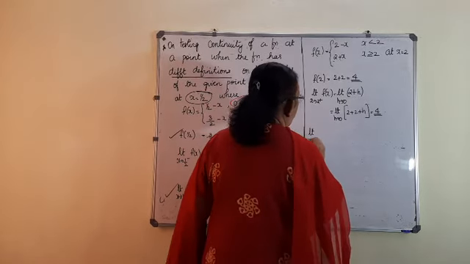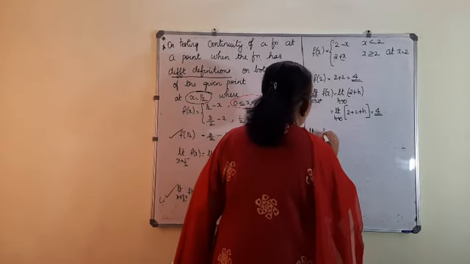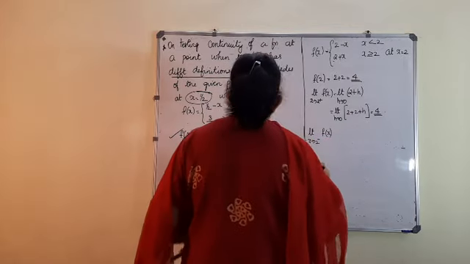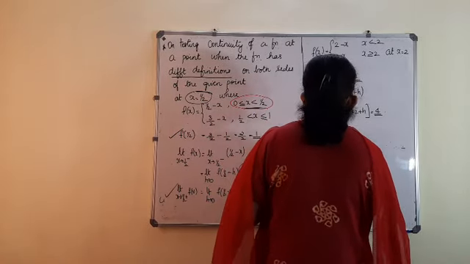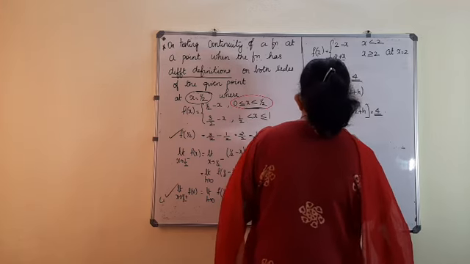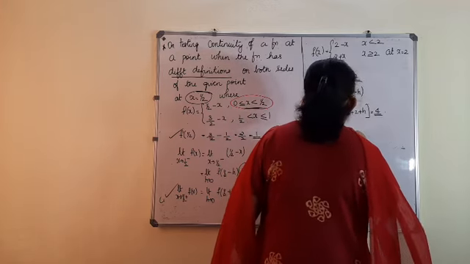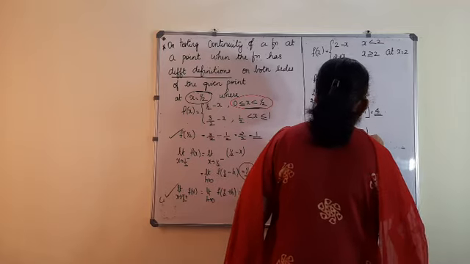Limit x tending to 2 minus f of x is equal to limit of h tending to 0 of f of 2 minus h.